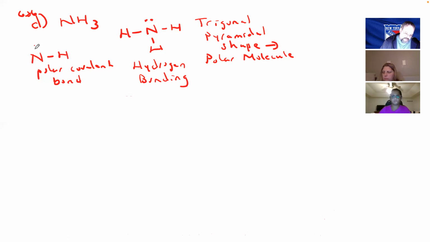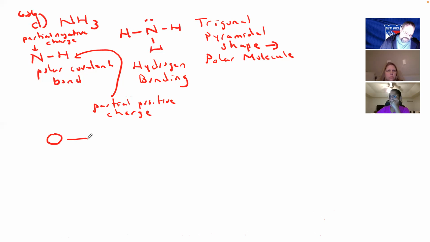The nitrogen would have what is known as a partial negative charge because it's more electronegative. The electrons are shifted towards it. The hydrogen would have a partial positive charge.